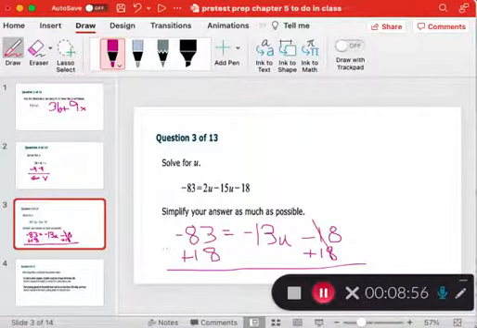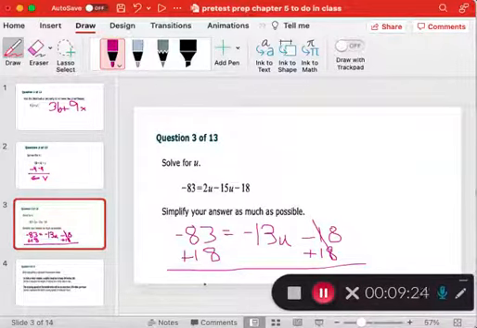And what is it? Okay, opposite signs again. We've got a negative 83 and a positive 18. So how do we do that, Logan? Negative 83, positive 18. Are we going to add them or subtract them?